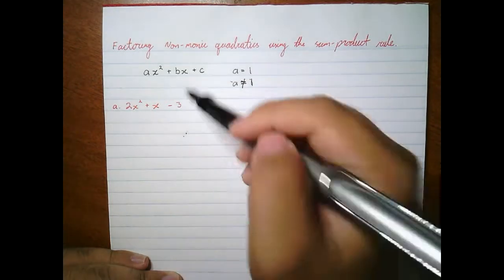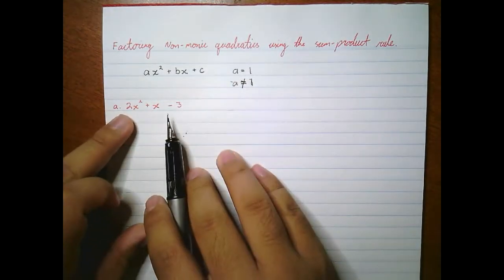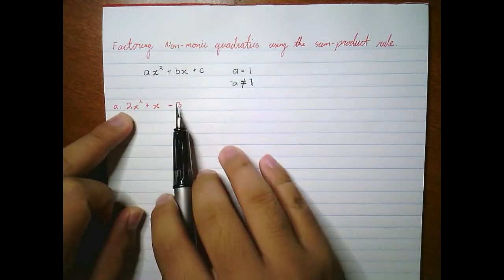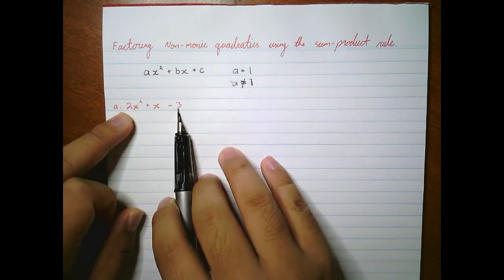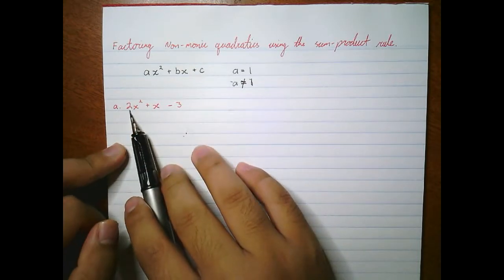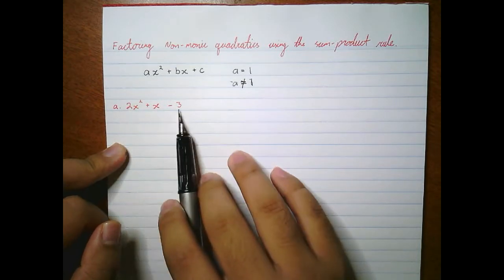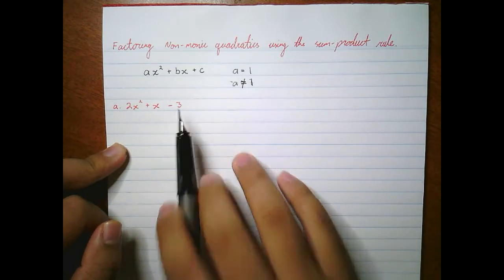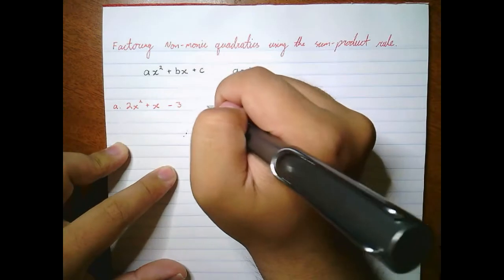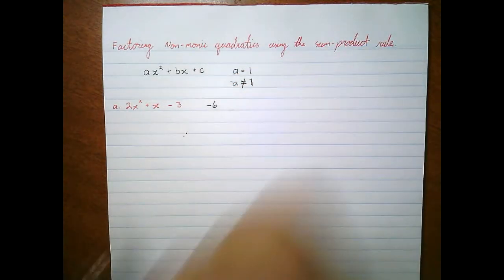Now, instead of -3, we are going to take factors of a times c. By that I mean in this example, our a is 2, our c is -3, so ac is -6. We want factors of -6.